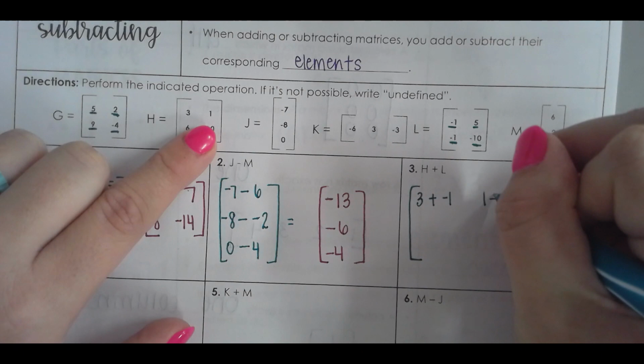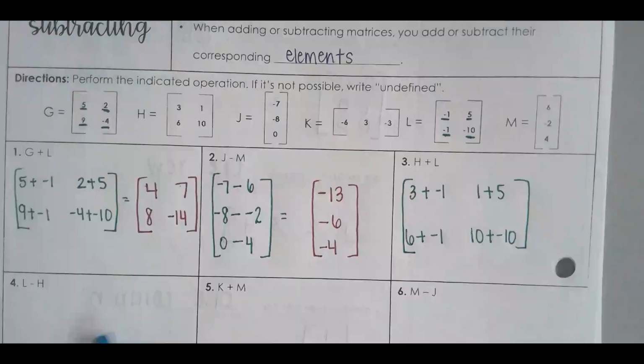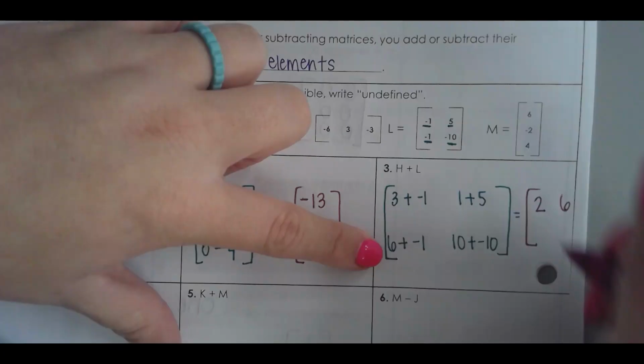3. 5. 1. And 10. Negative 1 is 2. 1 plus 5. 10 plus negative 10.